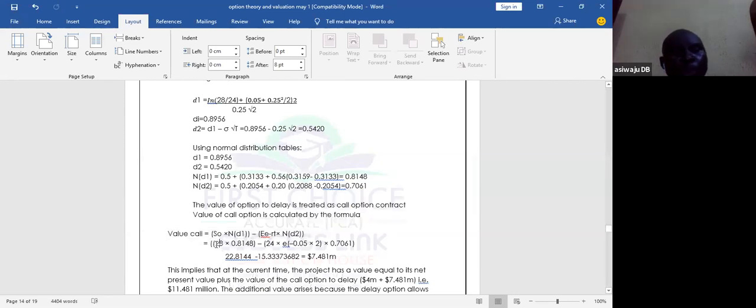So put your calculator to work. If you check your calculator, the value of your call option is 7.481.